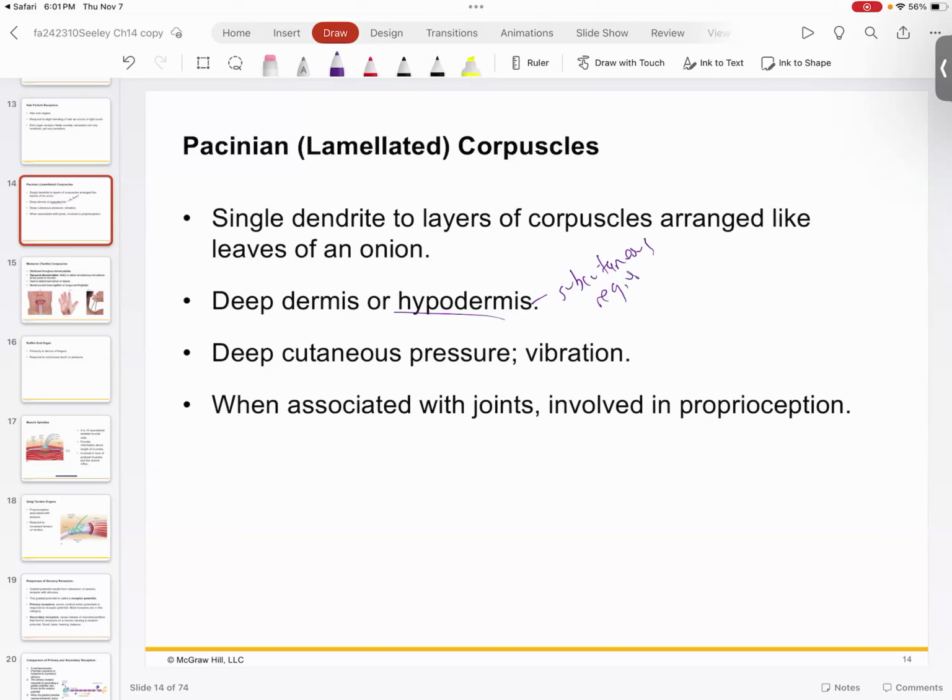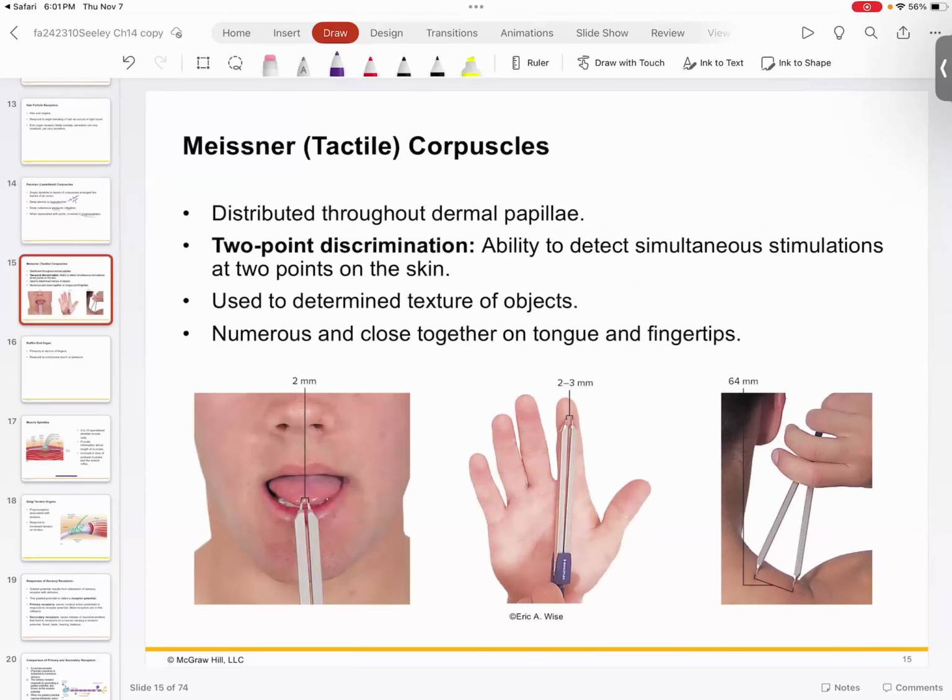They're synonyms. So it's right there at the boundary between deep dermis and hypodermis, which allows you to sense deep pressure. That's what it does: deep cutaneous pressure and vibration. If you happen to have a Pacinian corpuscle in a joint, then it can be involved in that body positioning, proprioception role as well.